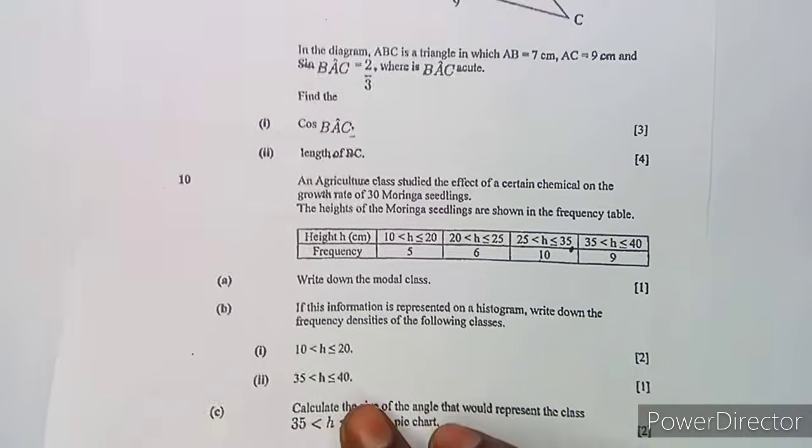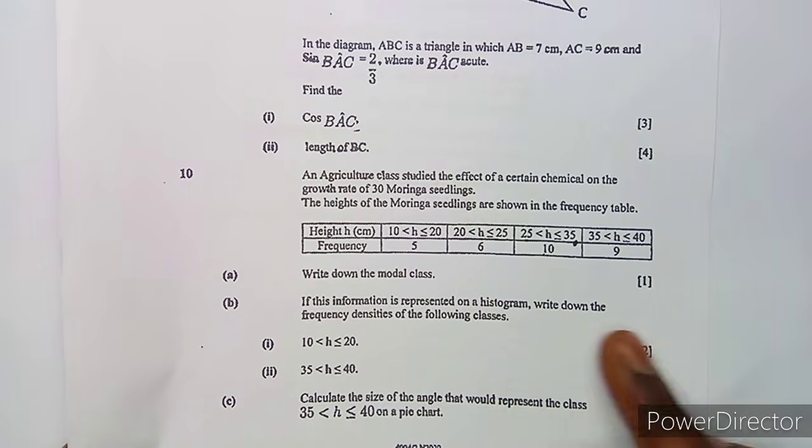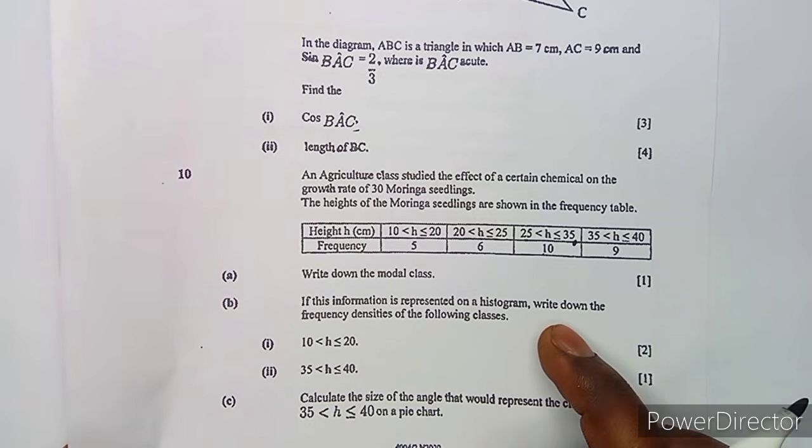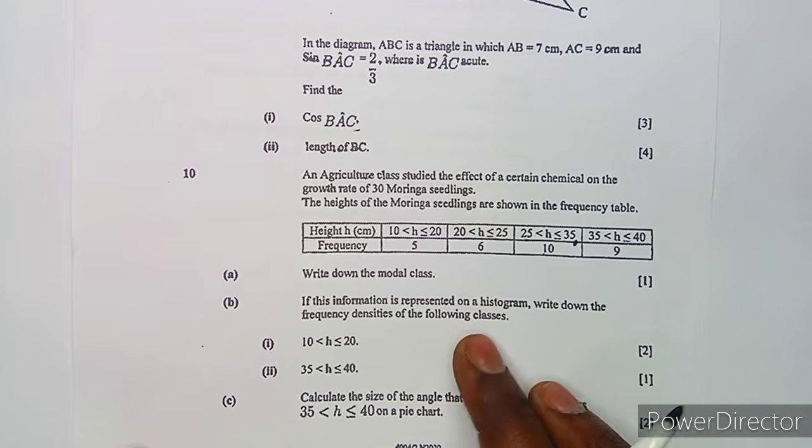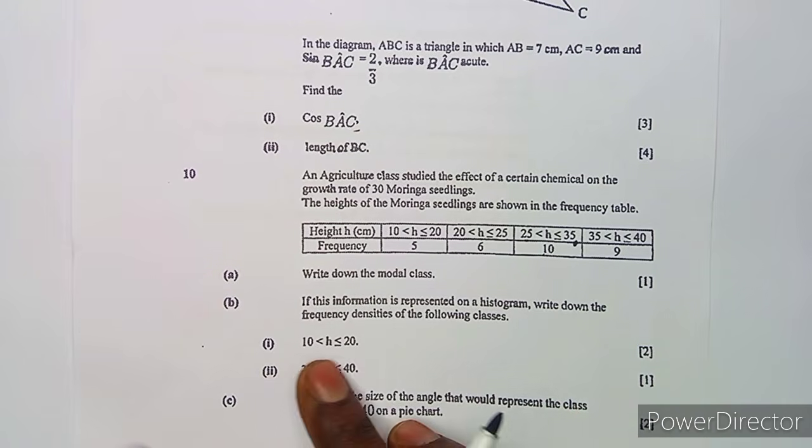If this information is represented on a histogram, what would be the frequency density for the class 10 to 20?